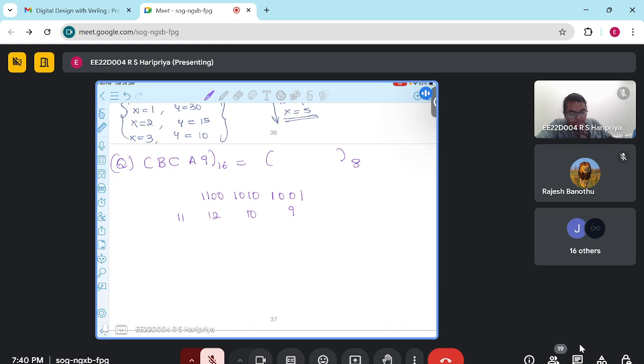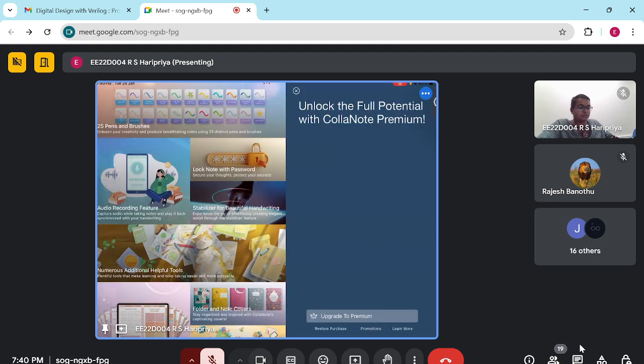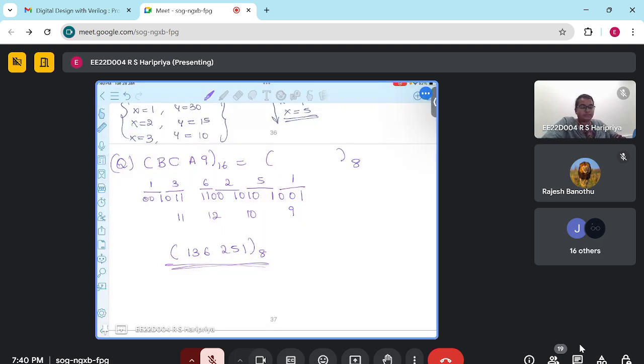Next is B, which is 11, 1011. Okay, next is groups of 3. So what is the equivalent? 1, 3, 6, 2, 5, 1. So it is 136251 in octal.